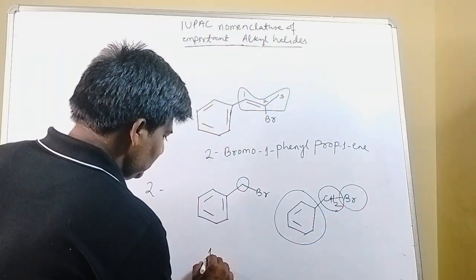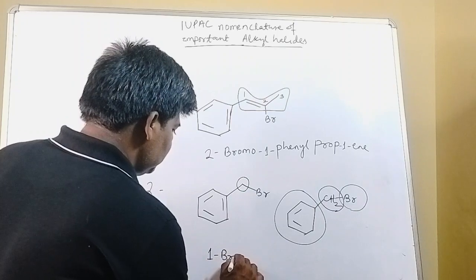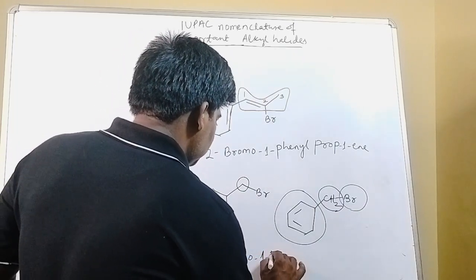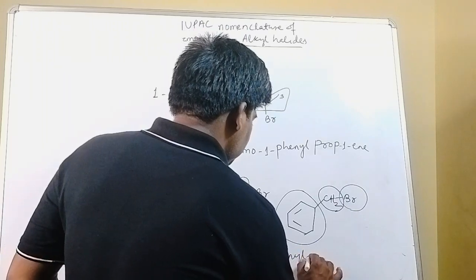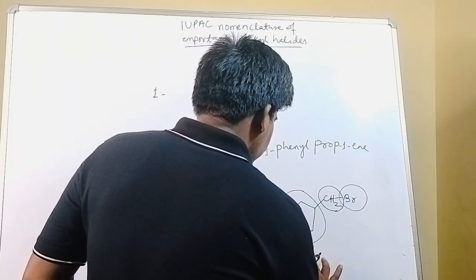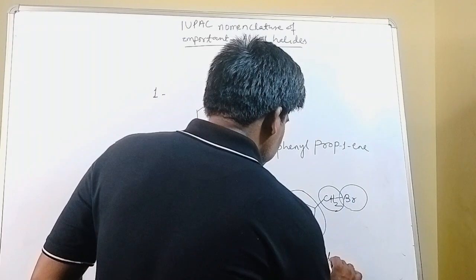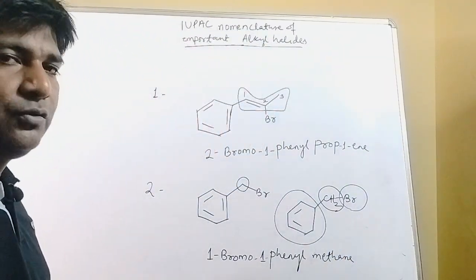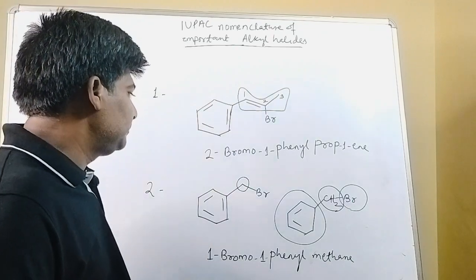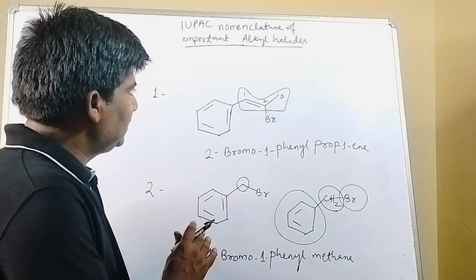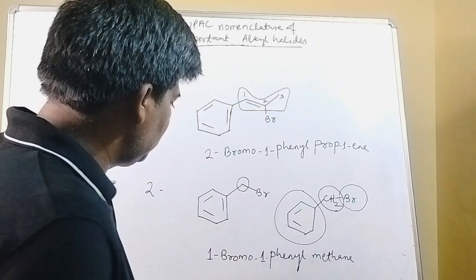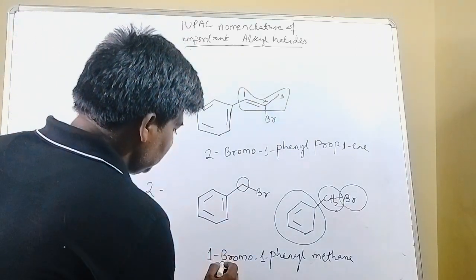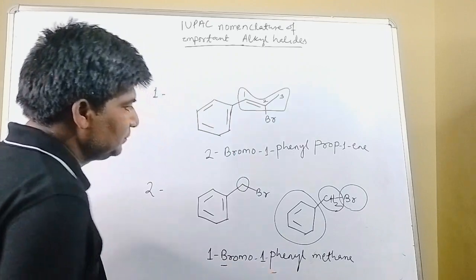So it is 1-bromo-1-phenylmethane. So there are two substituents, phenyl and bromo, as in the first one. So bromo comes first because in the alphabetical order B comes before P.